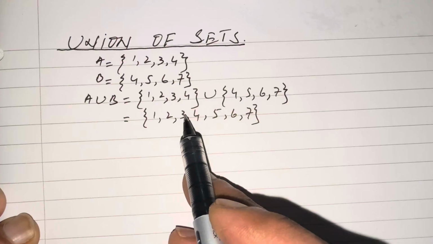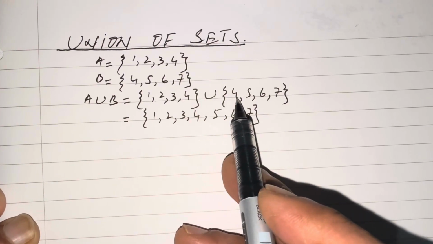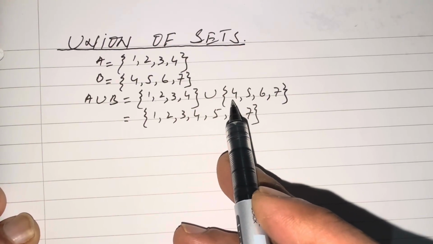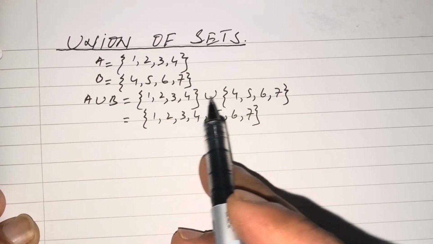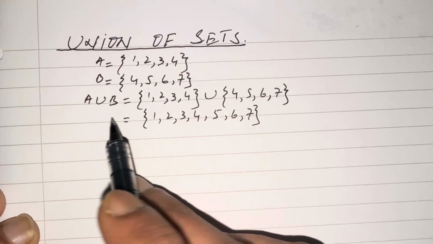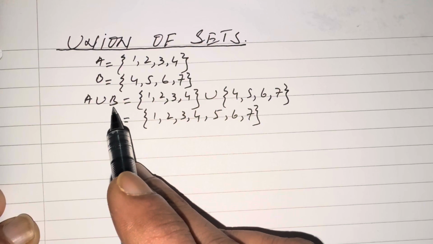All the elements will be written one time. 4 is the element of A and B which is common between A and B, but it is written once in the set A union B, when we find the union relation between A and B.